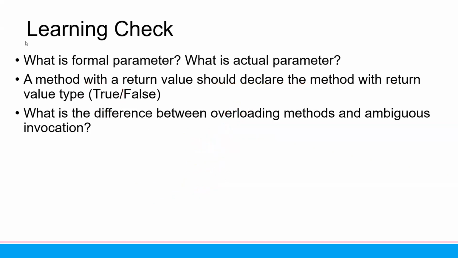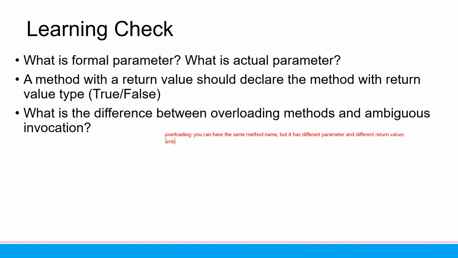What is the difference between overloading methods and ambiguous invocation? In overloading methods, you can have the same method name, but with different parameters and different return values.